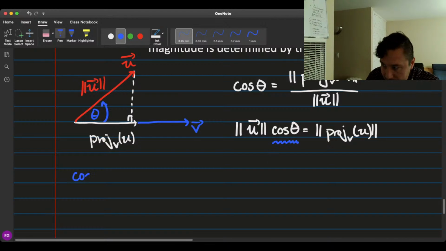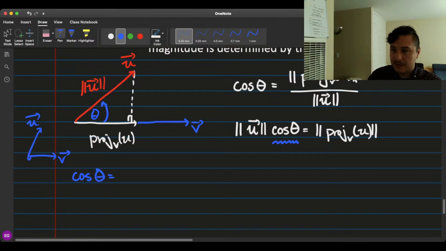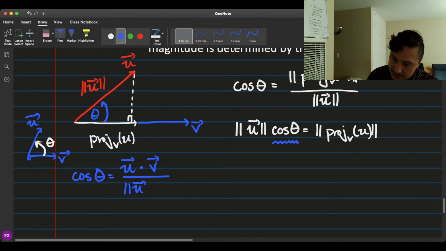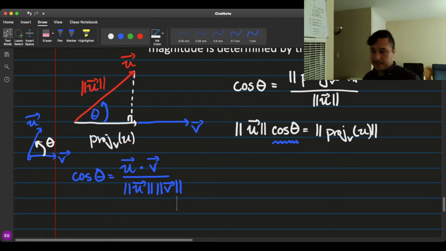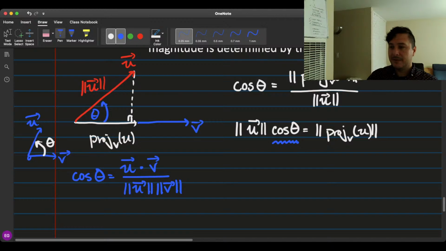I know that the cosine of theta equals, because remember I have v and I have u, and I have a formula for the angle between them. Cosine of theta is equal to u dotted with v divided by the magnitude of u times the magnitude of v. So I'm going to make that replacement.